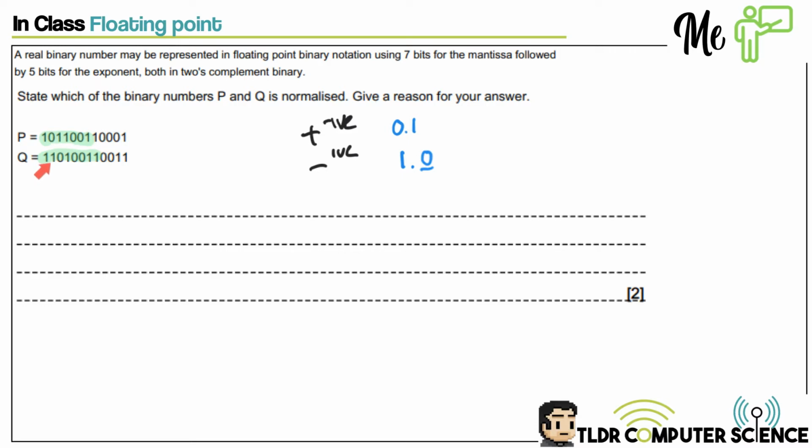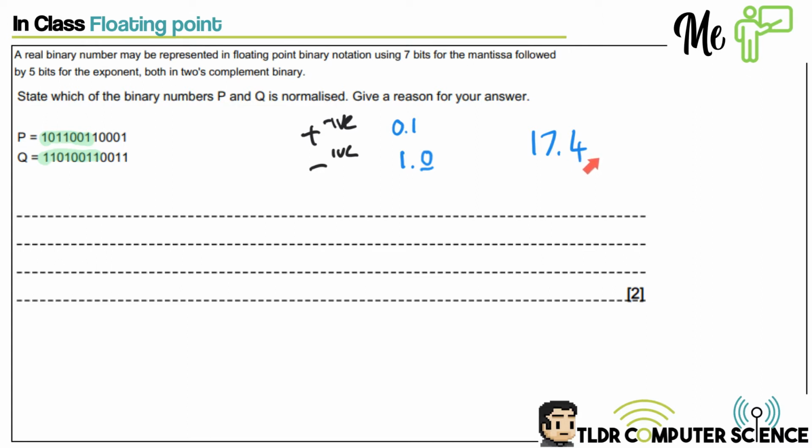And so if the point is here between the front two, what you'd need to do is move it up there. If I move it to the right, am I making the mantissa bigger or smaller? Bigger. Now, the way to remember that, and I've talked about this before, if you had, say, 17.4, and I moved the point from here to here, making it 174, have I made it a bigger or smaller number?